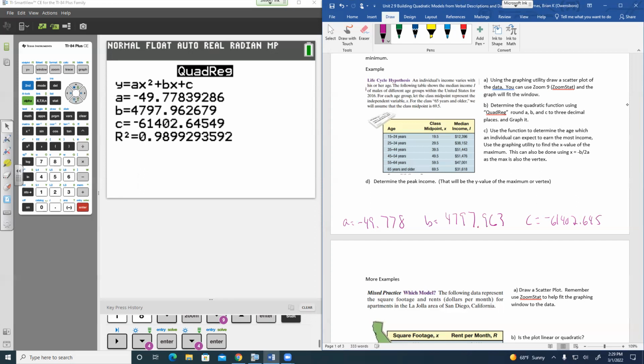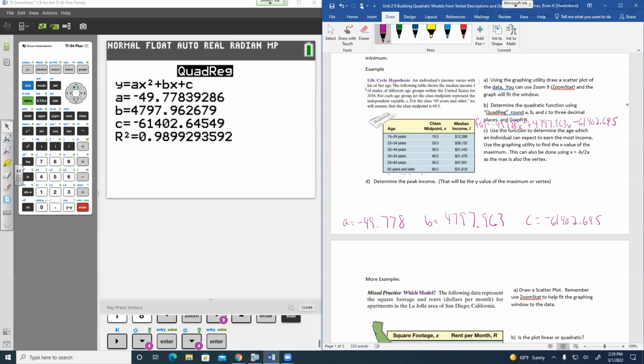So the quadratic function would be then f of x equals negative 49.778 x squared plus 4,797.963 x minus 61,402.645.